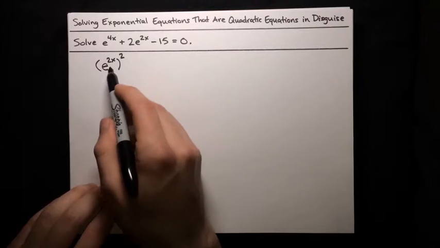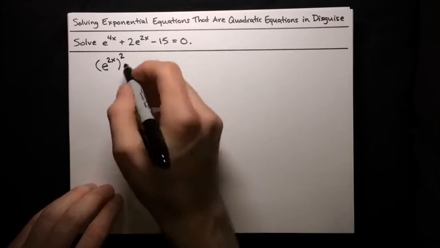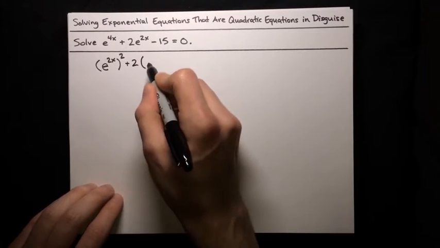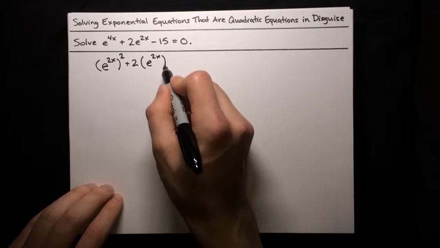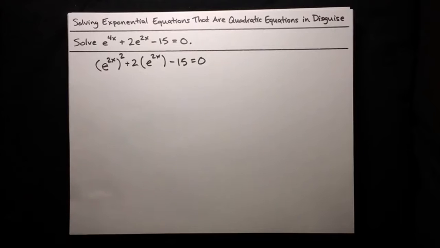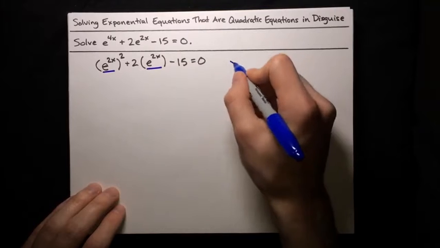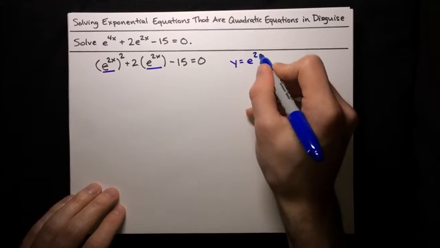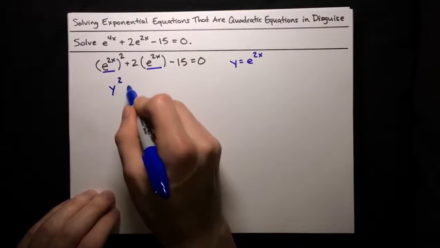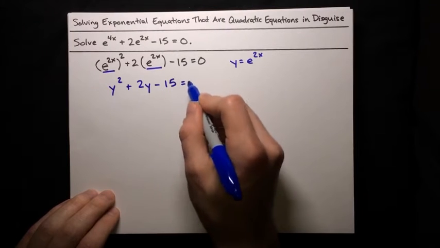Okay, and then so that tells us that e to the 2x is the thing that we're going to want to substitute. So let's make it clear where it pops out here. So plus 2 times e to the 2x, and then minus 15 equals 0. Okay, so it's clear what we want to substitute here. It's just e to the 2x. We're going to let y equals e to the 2x, and when we substitute y in for e to the 2x, we just have y squared plus 2y minus 15 equals 0.